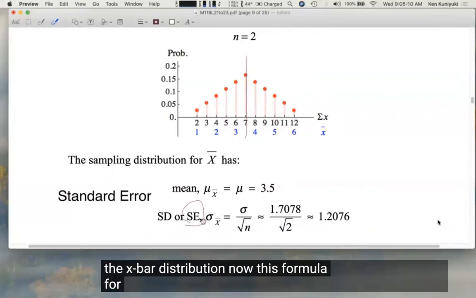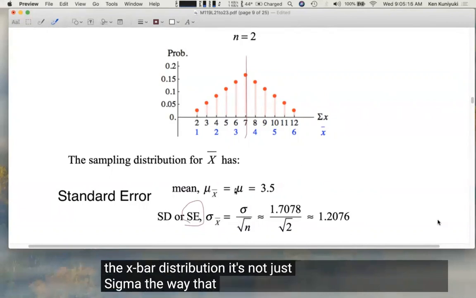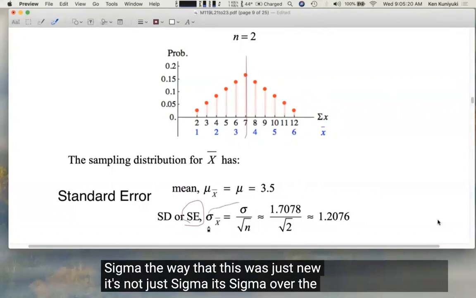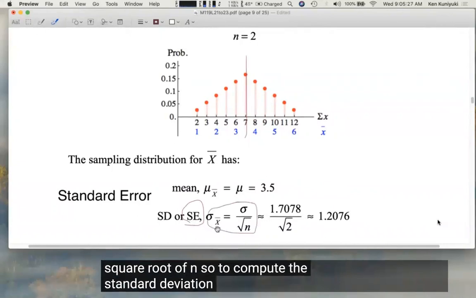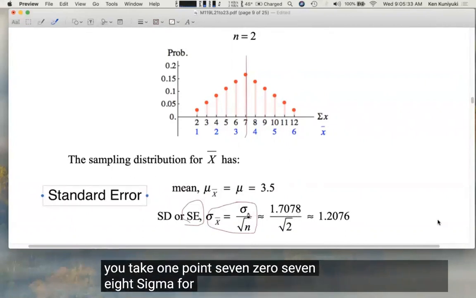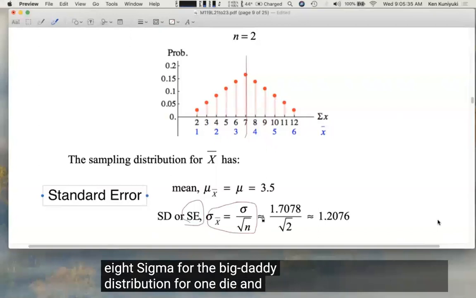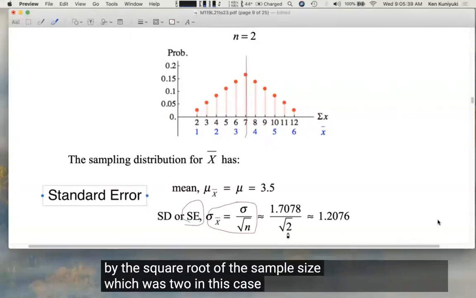Now this formula for standard error, the standard dev for the X bar distribution, it's not just sigma, the way that this was just mu. It's not just sigma. It's sigma over the square root of n. So to compute the standard dev for the X bar distribution, the standard error, you take 1.7078, sigma for the Big Daddy distribution for one die, and you divide by the square root of the sample size, which was 2 in this case.